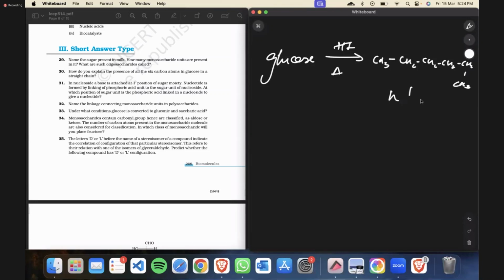So this is n-hexane. This is the proof that we can put forward when we are asked whether glucose has a straight chain or not. All right.